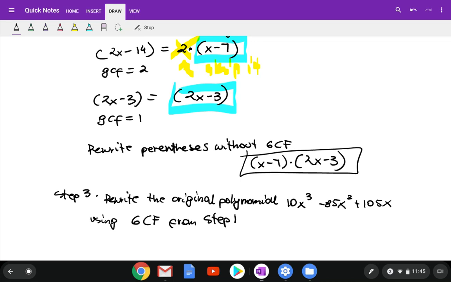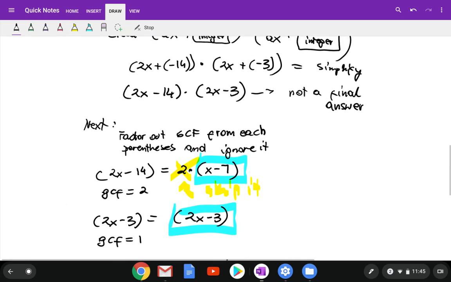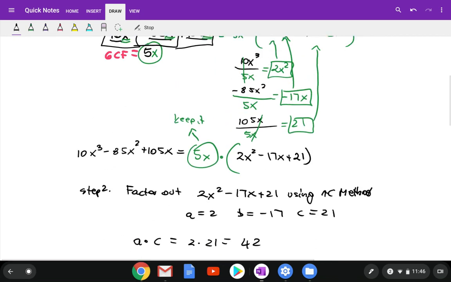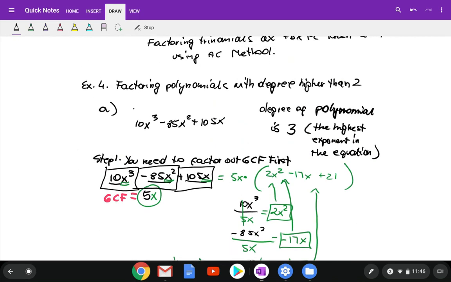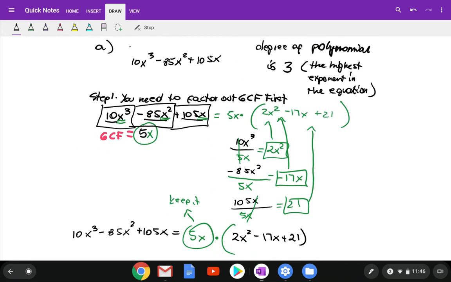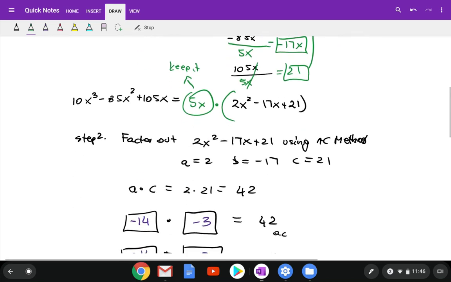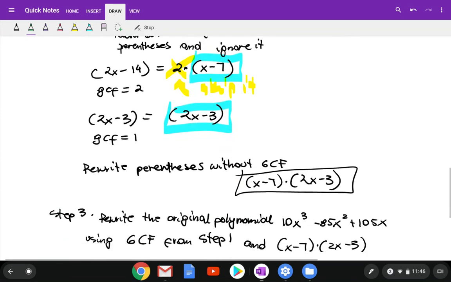That was that first one. And x minus 7 times 2x minus 3. Okay, so going back to step 1, right here, our GCF was equal to 5x. So don't forget that we need to keep that 5x.